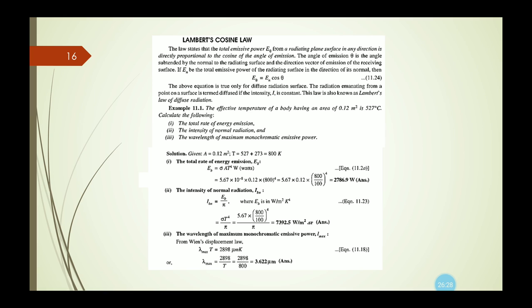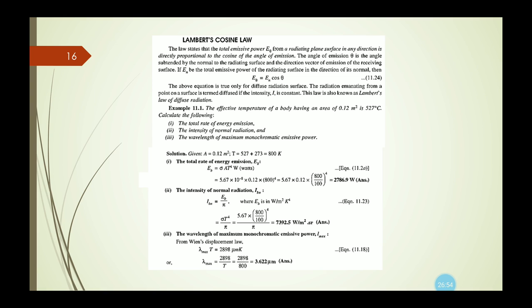The mathematical representation is E theta equals En cos theta, and this is valid only for a diffuse radiating surface. The radiation emanating from a point on a surface is termed diffuse if the intensity I is constant. So this law is also known as Lambert's law of diffuse radiation.